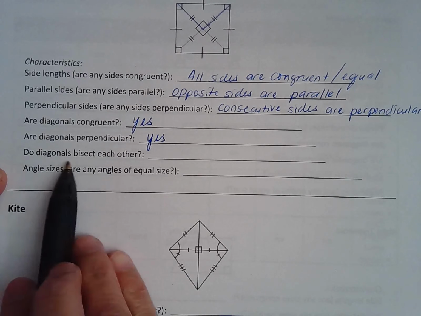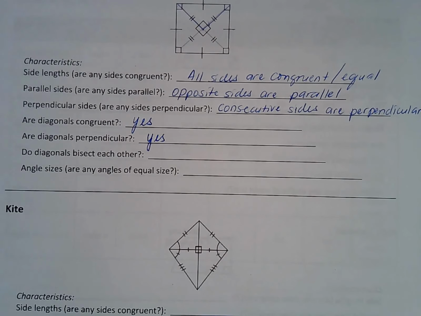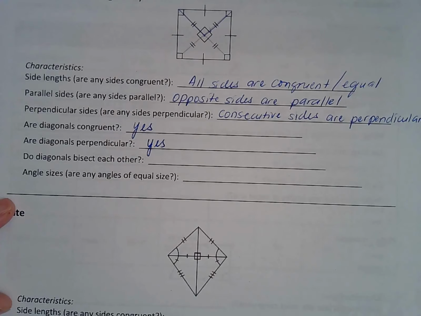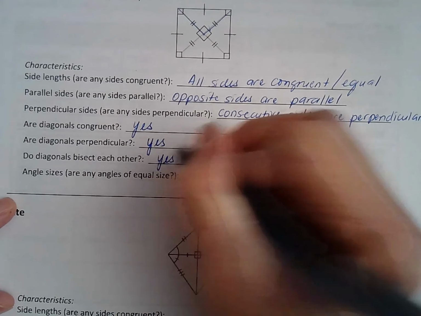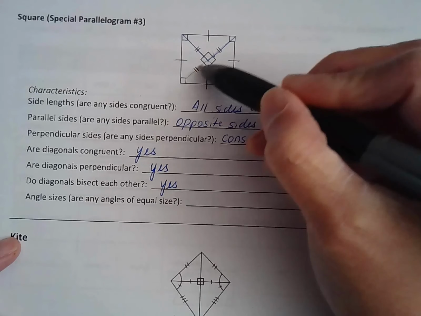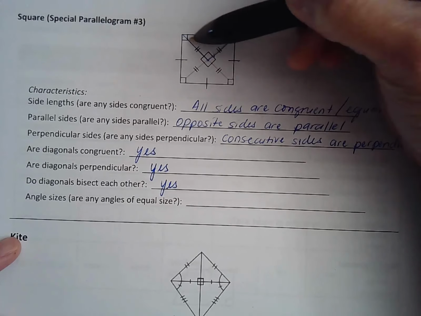The next one: do diagonals bisect each other? Bisect means to cut into two equal parts. Yes, because this diagonal cuts the other diagonal into two equal parts.